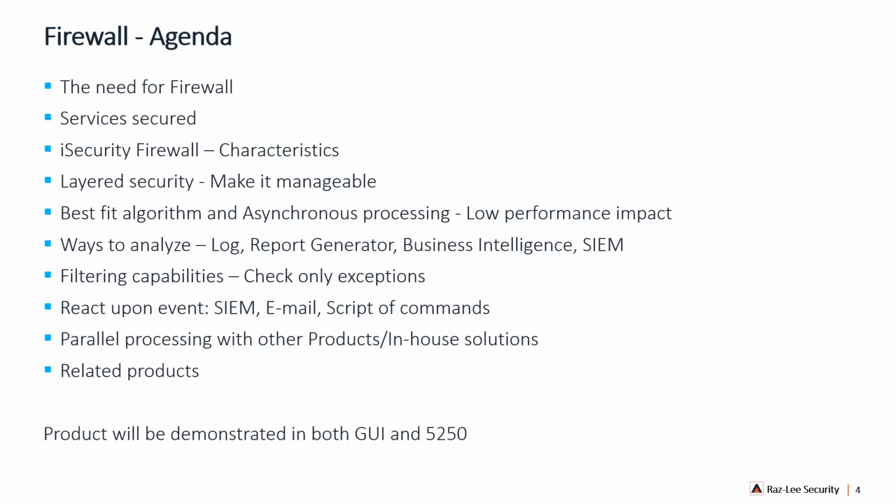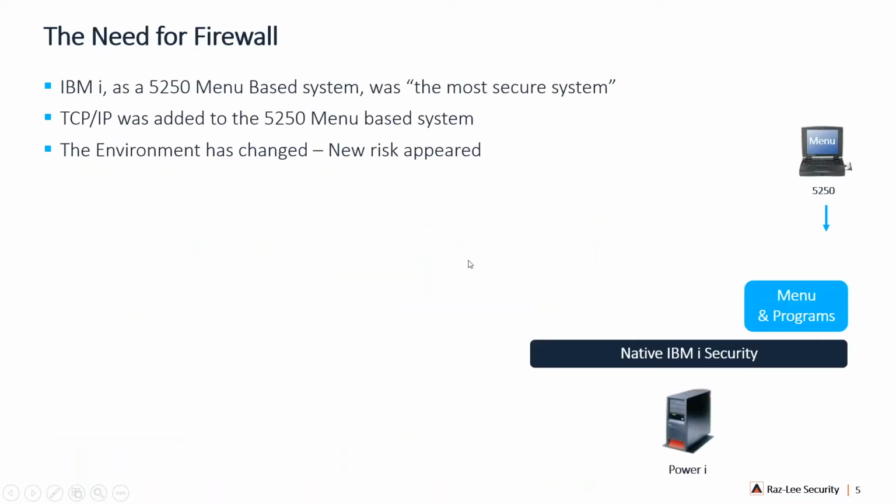I'll try to make it fit the time plan, but I'm not sure. We shall speak about what the firewall is, the way that it is designed, and the algorithms which make it so efficient. We shall show you a demonstration both in the GUI and in the 5250 green screen emulation, and hopefully, let's start.